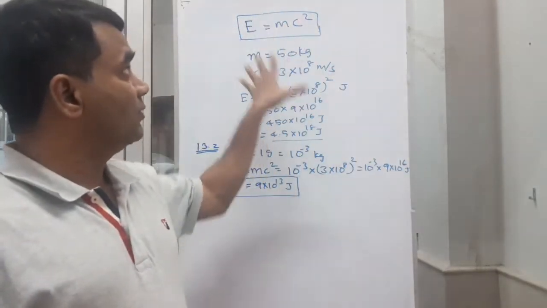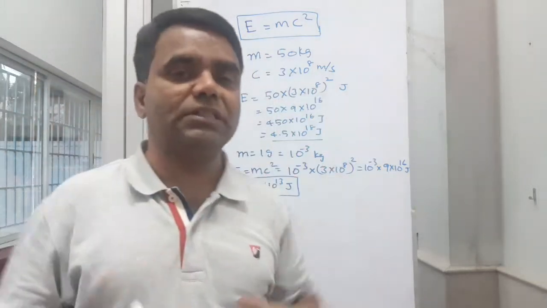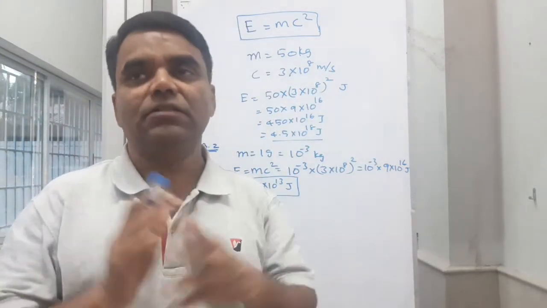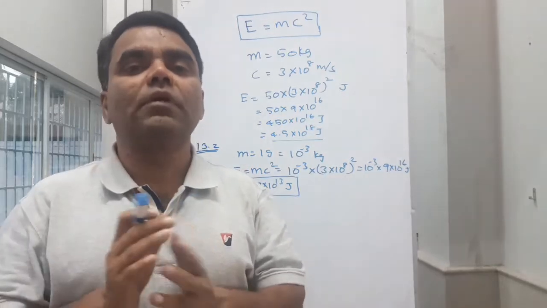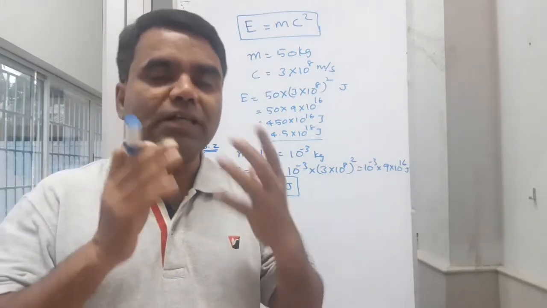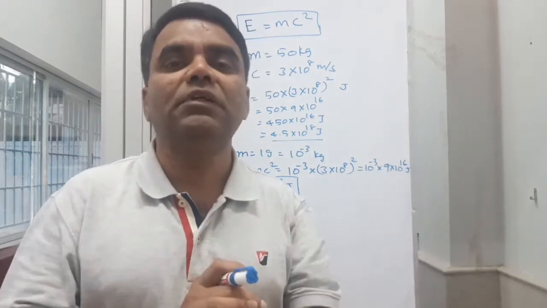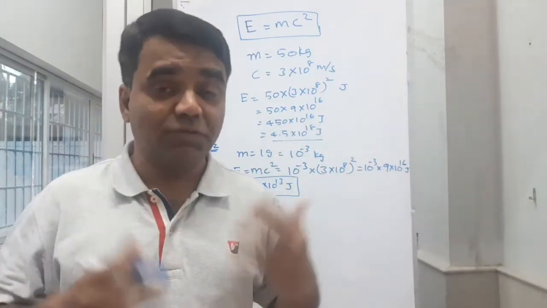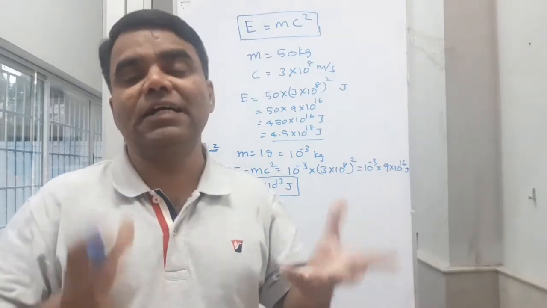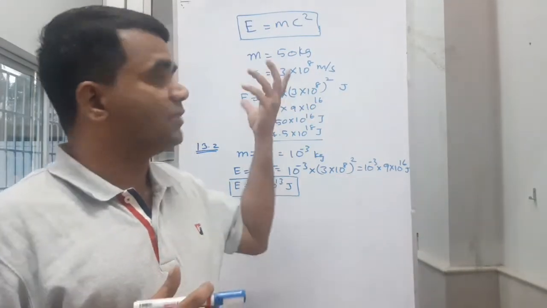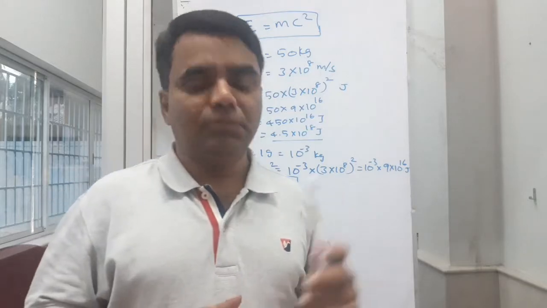This mass energy equivalence is a very, very important idea, and that helps us, as I said, understand what happens in a nucleus, basically. And this helps us build nuclear, the atom bombs, okay, and then the nuclear reactors and stuff like that. This helps us do that.